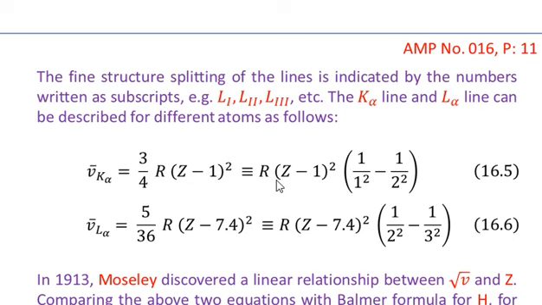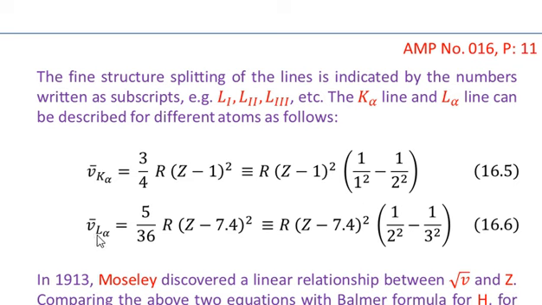So this can be written as R times the square of (Z minus 1) multiplied by the parenthesis containing 1 over 1 squared minus 1 over 2 squared. For the K alpha line, the transitions from the higher orders take place to the lowest order, the base line corresponding to n equal to 1. So for the K alpha line, the transition from level 2 to level 1 takes place.